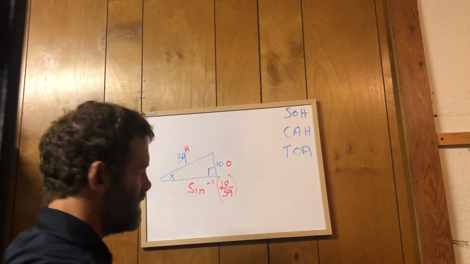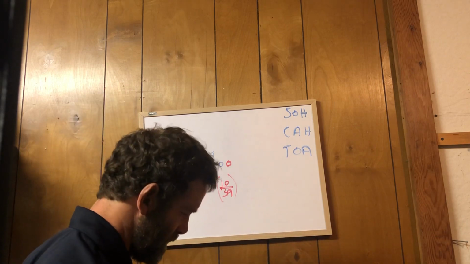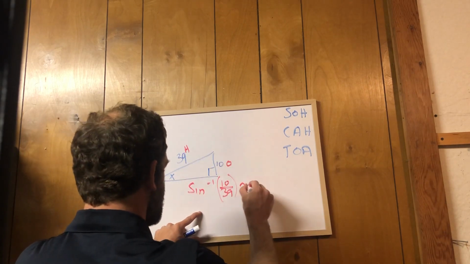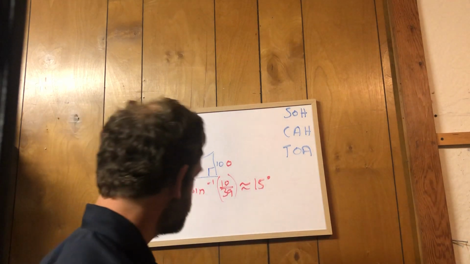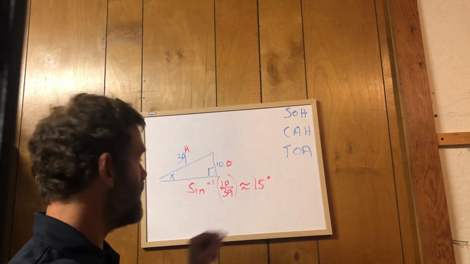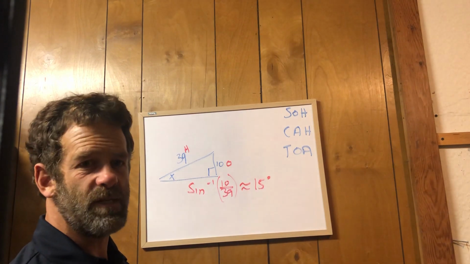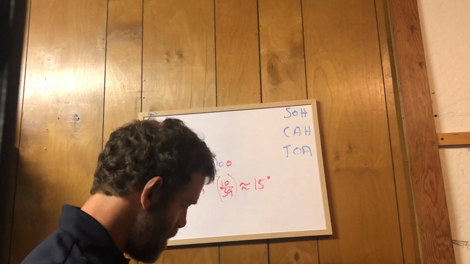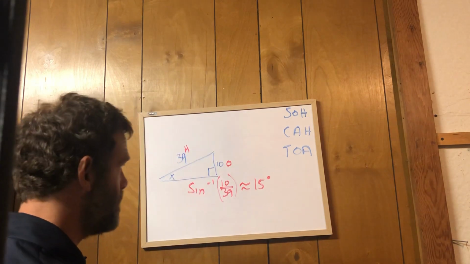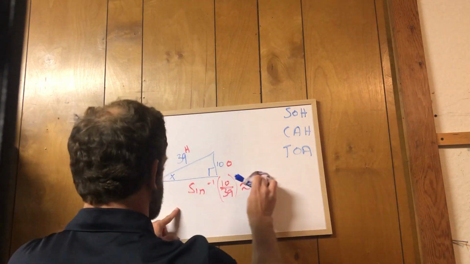Inverse sine 10 divided by 39. And you should have gotten approximately 15 degrees. If you plugged it in correctly and you didn't get 15 degrees, make sure your calculator is in degrees and not radians. Okay, I'm going to give you one more before I move on to the next lesson.